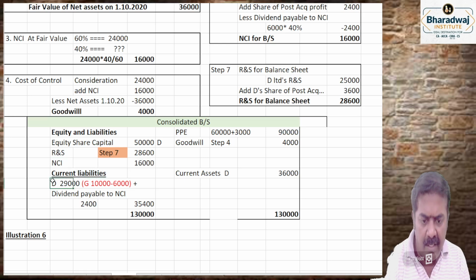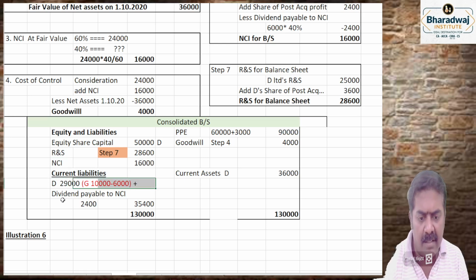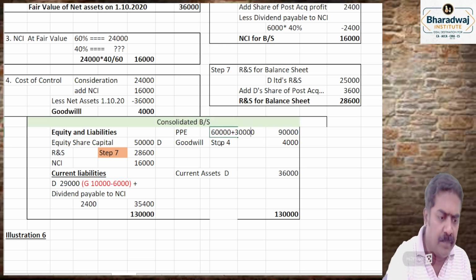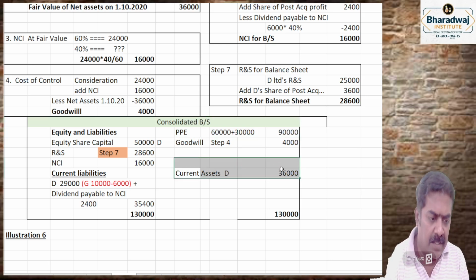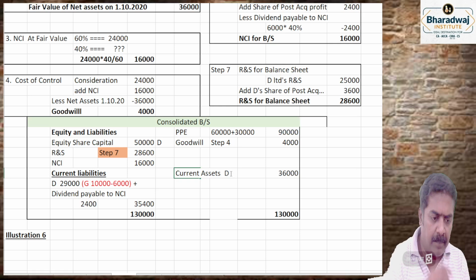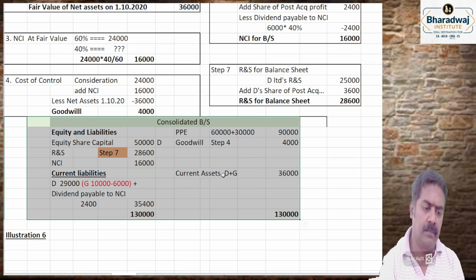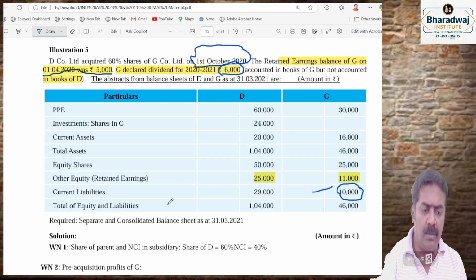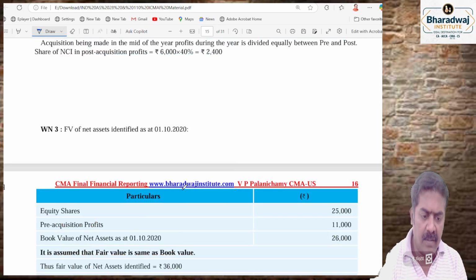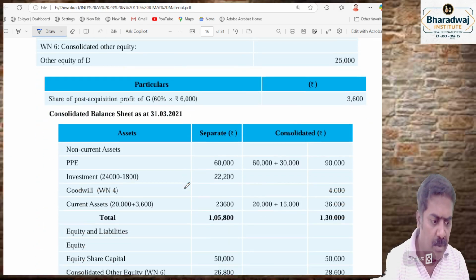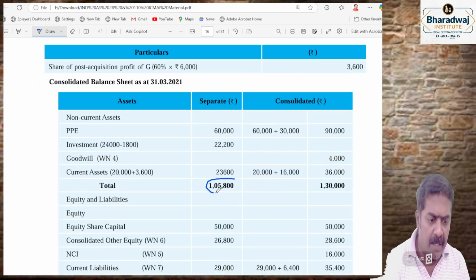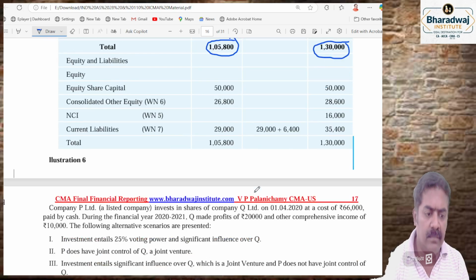Current liability D 29,000, G after eliminating the dividend, and of course dividend payable to NCA will be shown. PPE 60,000 plus 30,000. Then goodwill, current assets of D plus G. Read through illustration 6. I hope the answer is correct as per the book also. Correct, separate balance sheet totals 1,05,800 and 1,30,000. It matches.